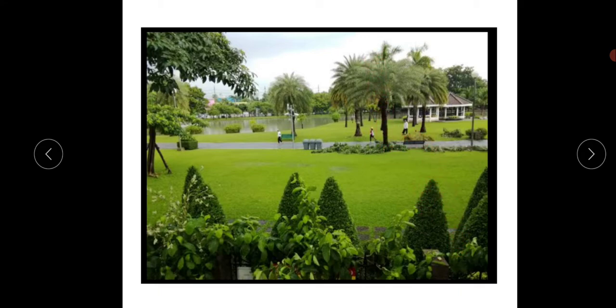Children, have you gone out of the house? The lockdown has opened, right? If you go anywhere, just look at your surroundings, how the plants have grown, what shapes the plants have.